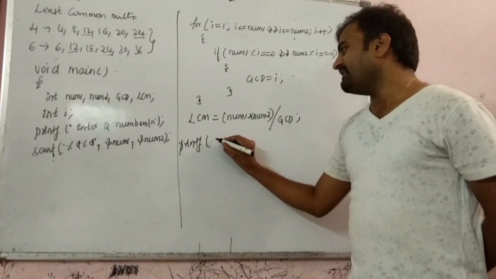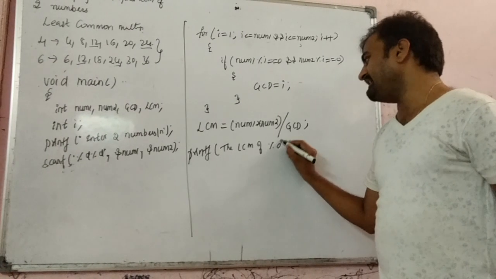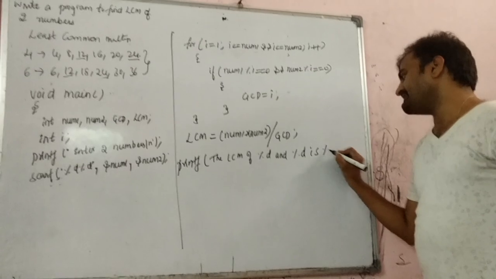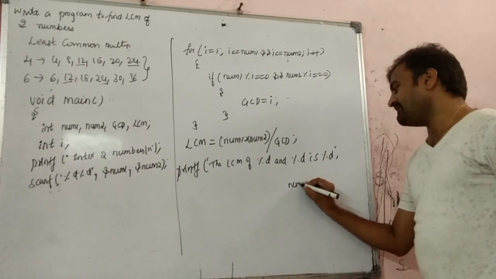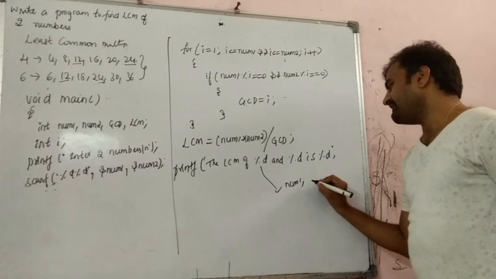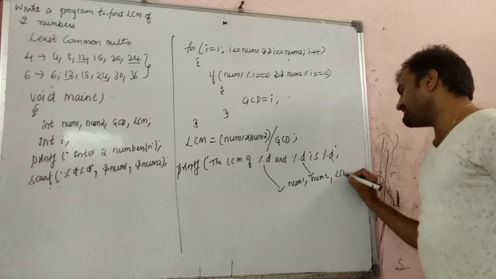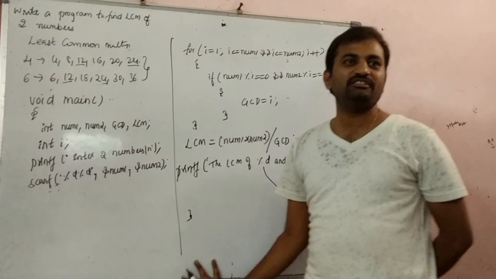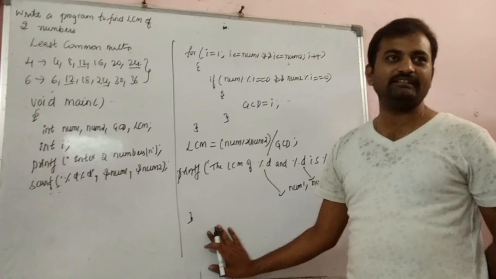Now we print: the LCM of %d and %d is %d. The first %d is num1, the second %d is num2, and the third %d is LCM. Make sure that you are giving all positive integers. Clear? That's it.